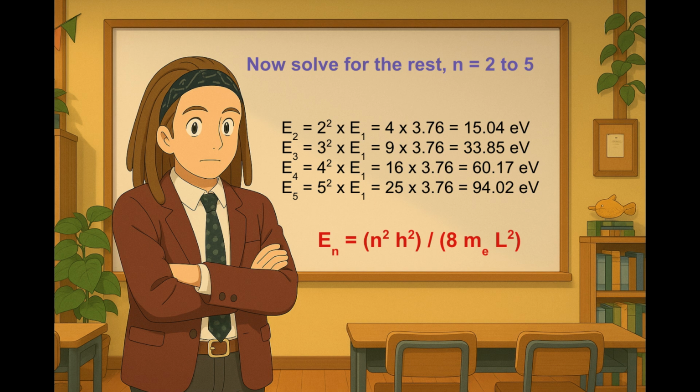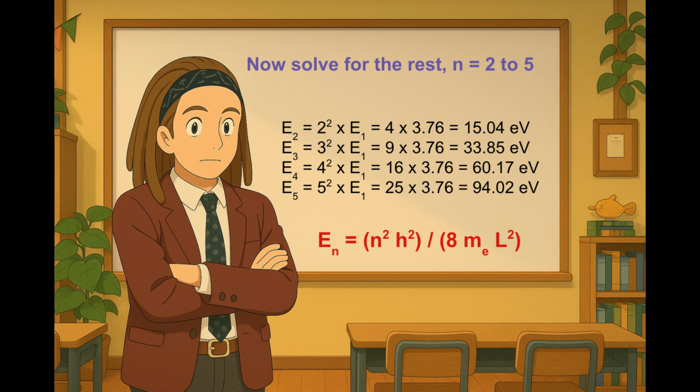For n equals 3, E3 equals 3 squared times E1 equals 9 times 3.76 eV equals 33.85 eV. For n equals 4, E4 equals 4 squared times E1 equals 16 times 3.76 eV equals 60.17 eV. For n equals 5, E5 equals 5 squared times E1 equals 25 times 3.76 eV equals 94.02 eV.